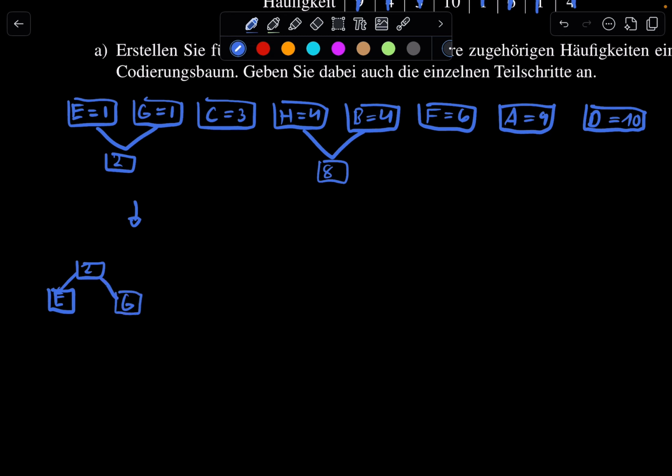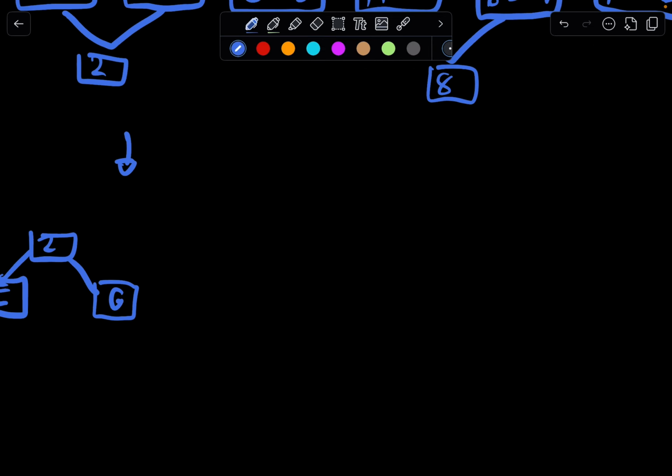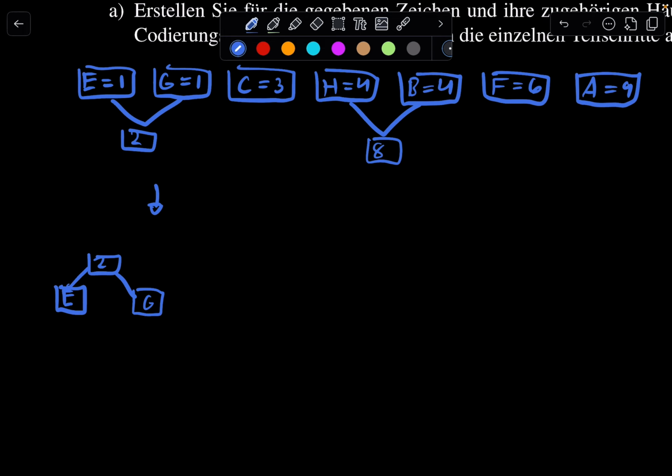Let me just rewrite it because it looks like it's 6. Looks horrible. Then we have a C here, and it's going to be 5. Right? C. And once we have 5, we get F, which is 6.